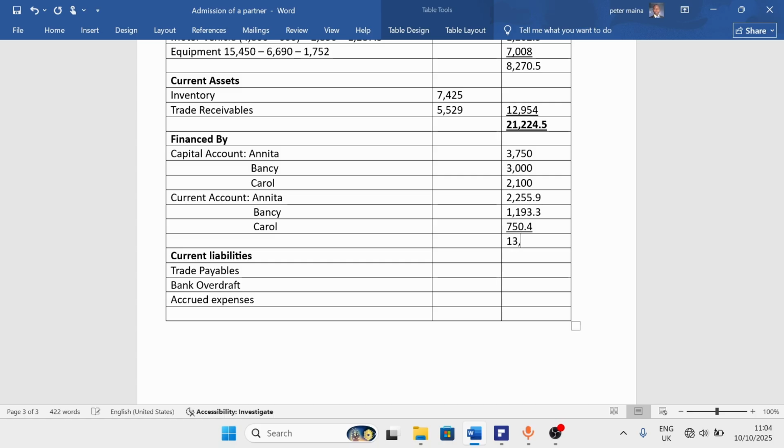So the total is 13,049.6. So now we can go to current liabilities.